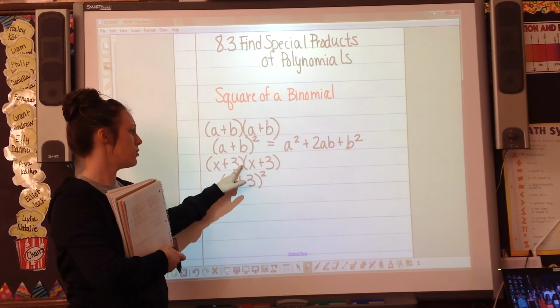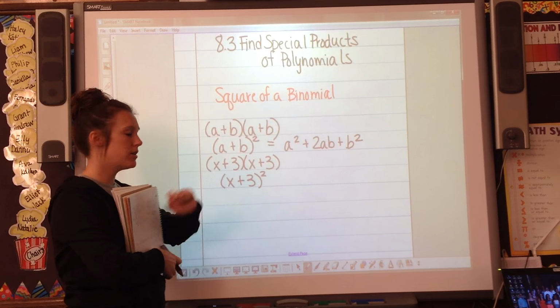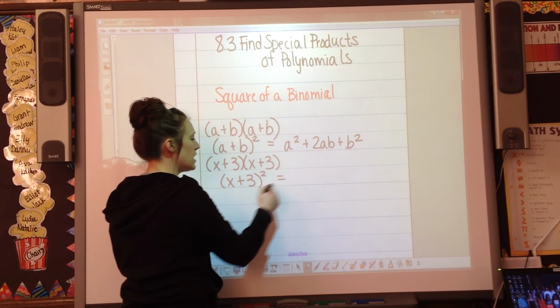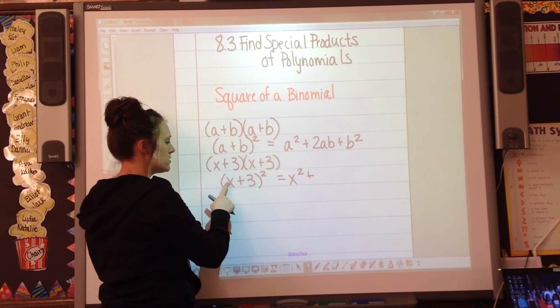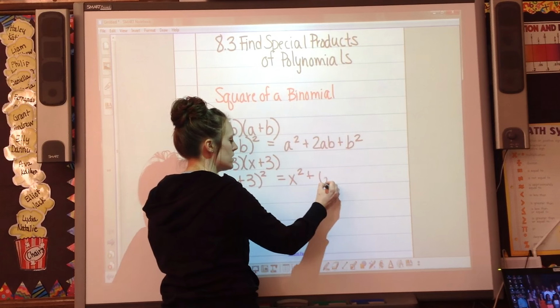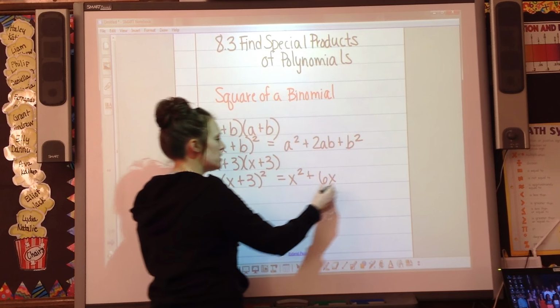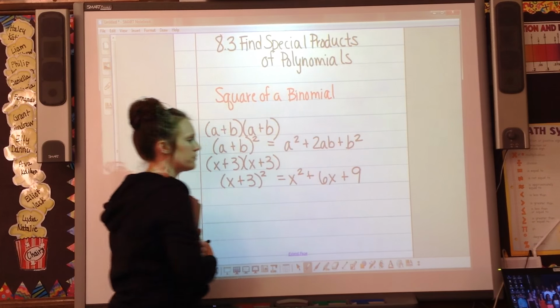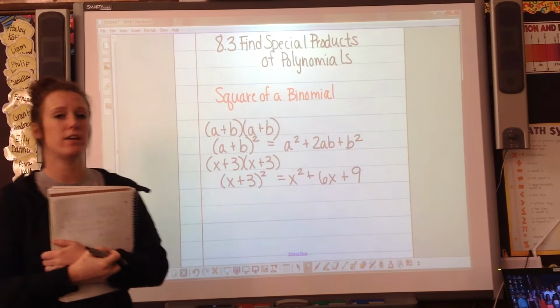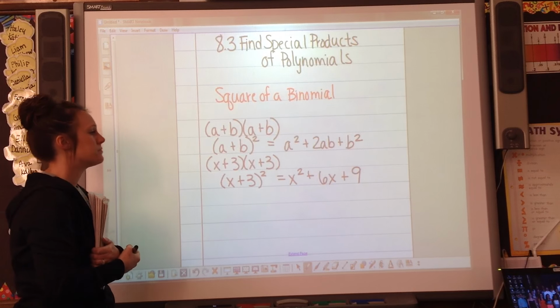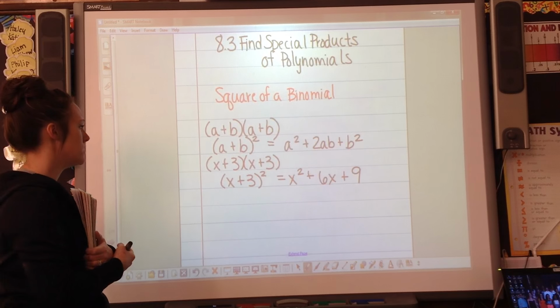You could unfold this and use FOIL to solve it, or you could know that you take the a term, which is the first term, and square it, multiply 2 times a times b, which is 6x, and then square your b term. These are just quick examples, so you can look at them later on. We're going to do more of these later in the video.